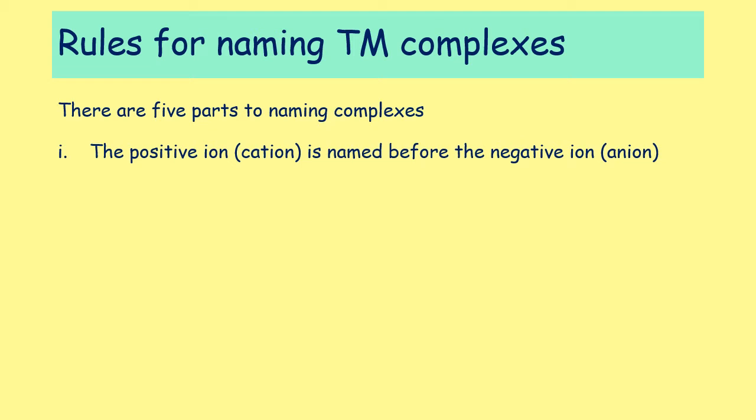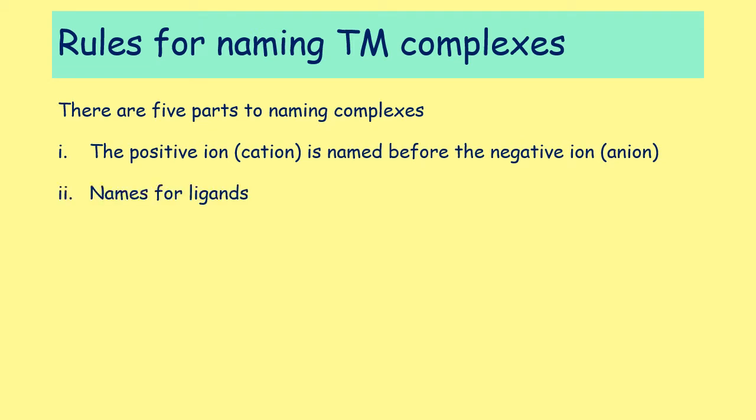If a complex has a positive charge and is forming a compound, it would need to associate with ions that are negatively charged. And if the complex is negatively charged, it would need to form a compound with things that are positively charged. When that's the case, when it comes to naming a compound, the positive ion is always named before the negative ion. So if the complex is negatively charged, it's going to go at the end of the name. If the complex is positively charged, it's going to be the first part of the name.